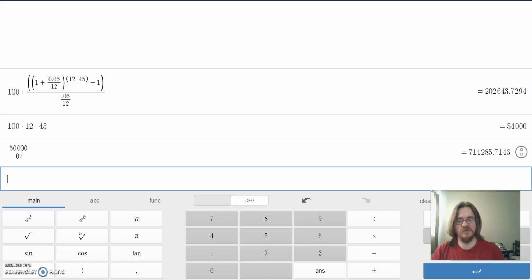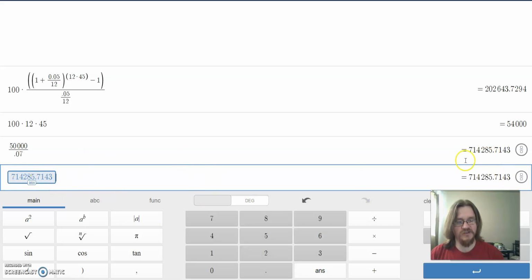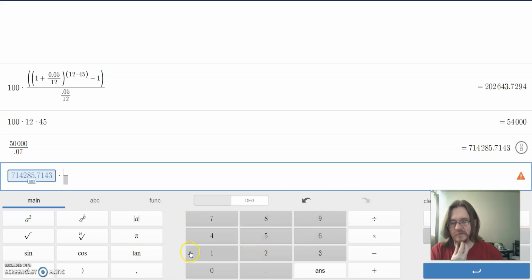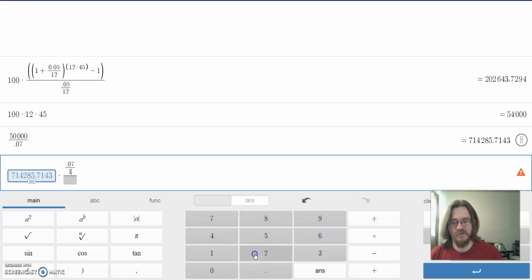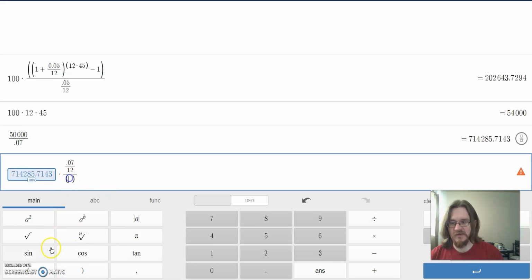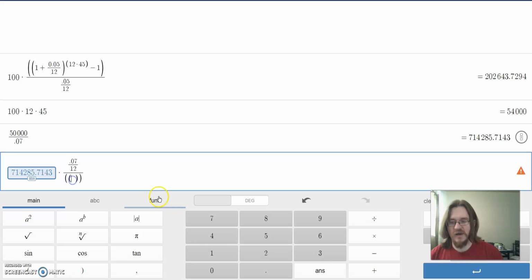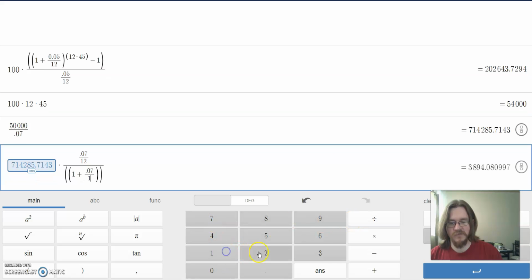So let's plug this into Desmos. We have our answer from before, so I'm just going to click answer, and that duplicates that. And we'll take this times this huge fraction. On the top of the fraction, we had 0.07 divided by 12. On the bottom of the fraction, we had 2 sets of parentheses. On the inside one, we had 1 plus, again, 0.07 divided by 12.